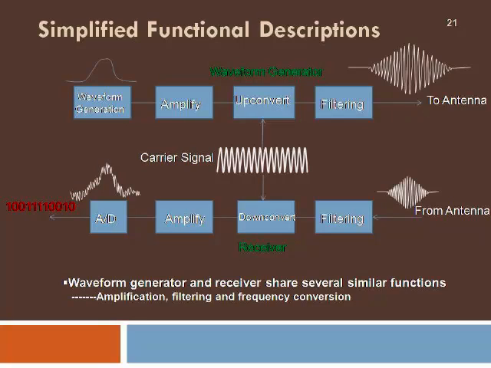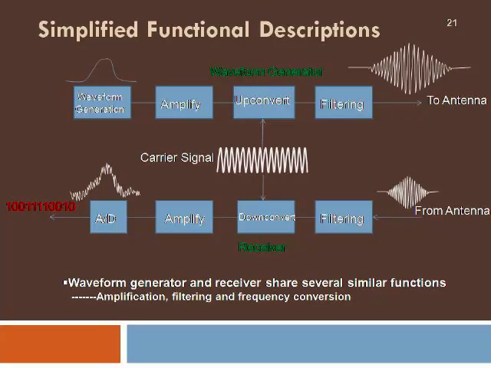Then we are going to down convert this, or remove the carrier part in the received signal and then amplify at a low frequency amplifier. Then we will be converting this low frequency signal into digital form for further processing.